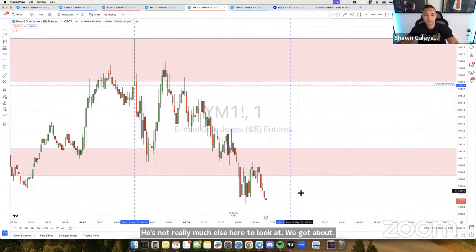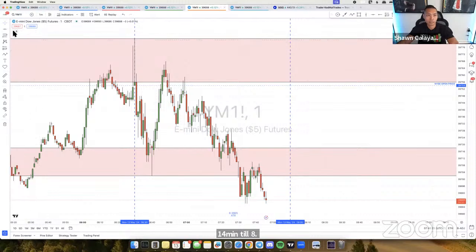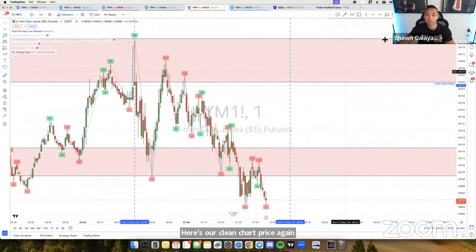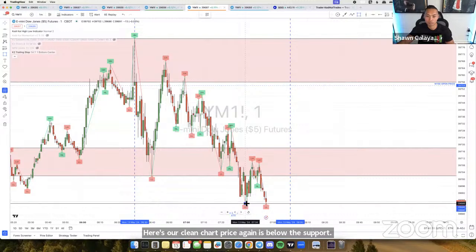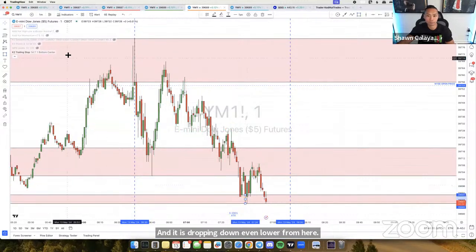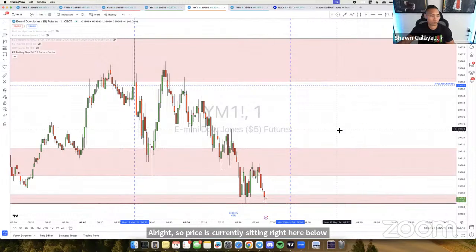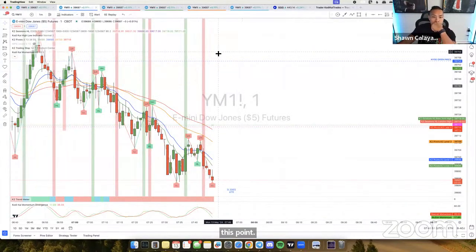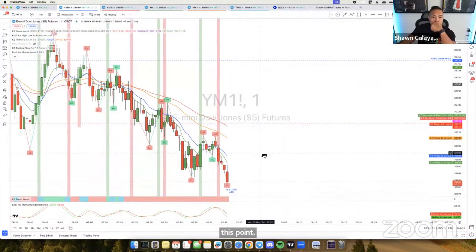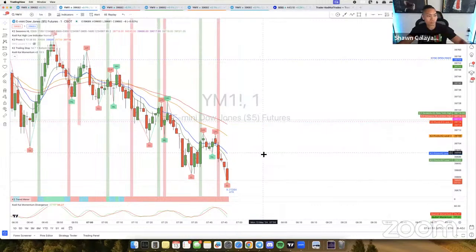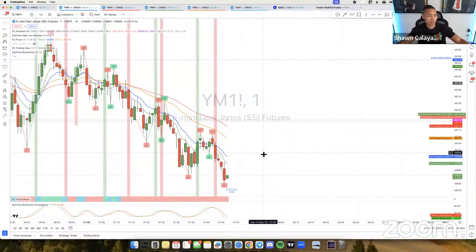Here's our clean chart. Price again is below the support, and it is dropping down even lower from here. New support right there too. All right, so price is currently sitting right here below this point. Let's see if it actually carries lower.